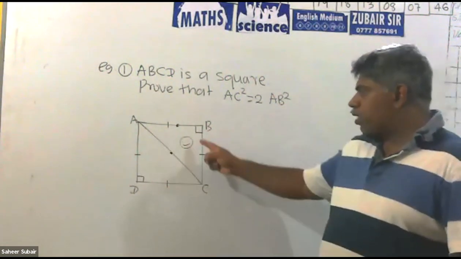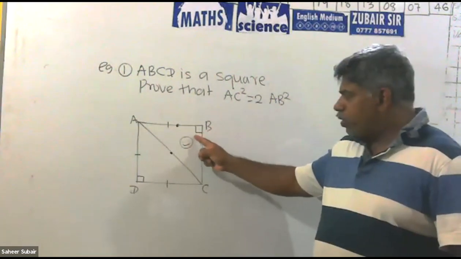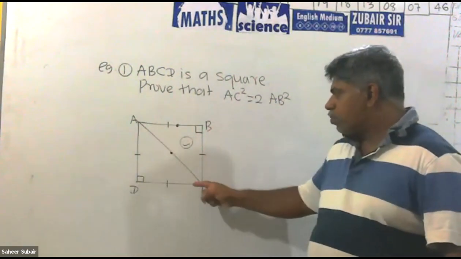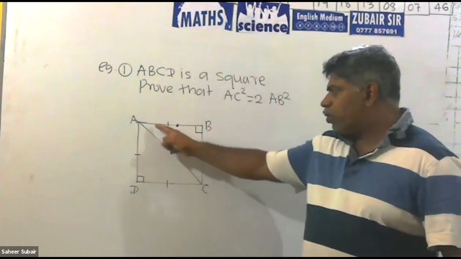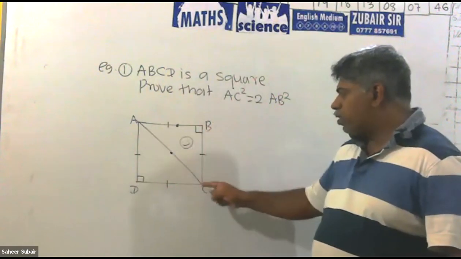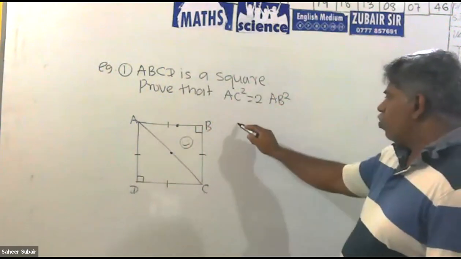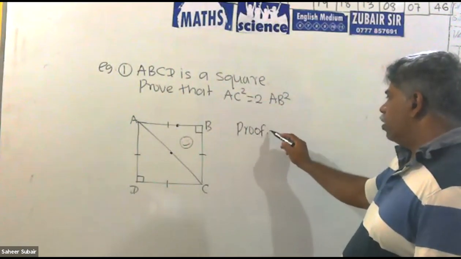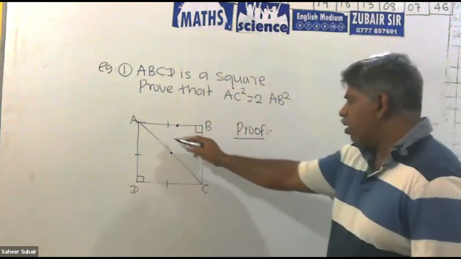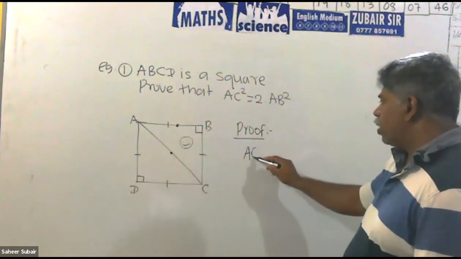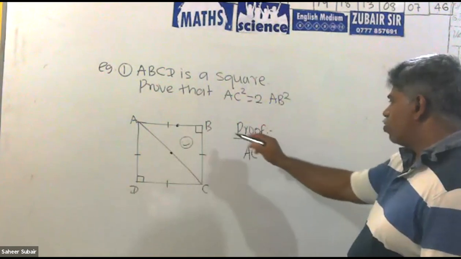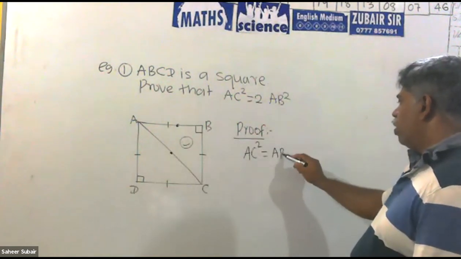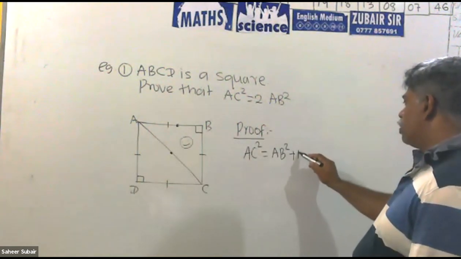So when you apply Pythagoras theorem, the side opposite to the right angle is AC. AC squared equal to AB squared plus BC squared. So we'll write the Pythagoras theorem in the wanted triangle. So in this triangle, according to Pythagoras theorem, AC squared is equal to AB squared plus BC squared.